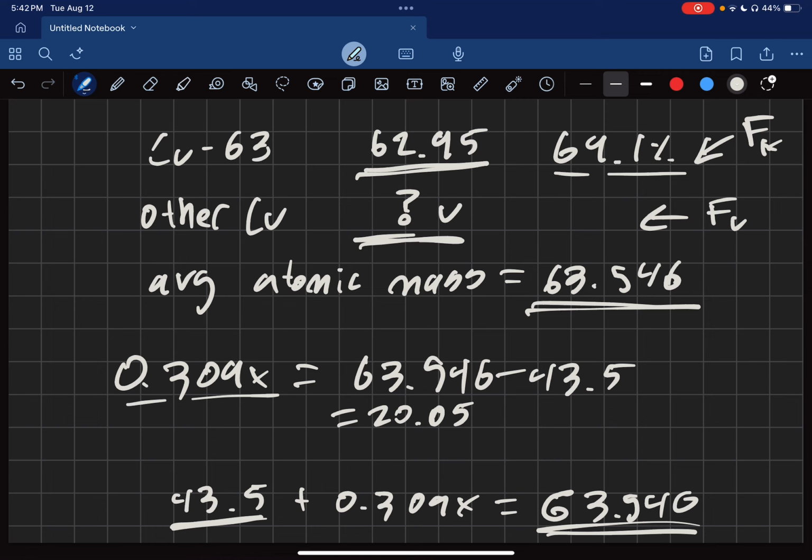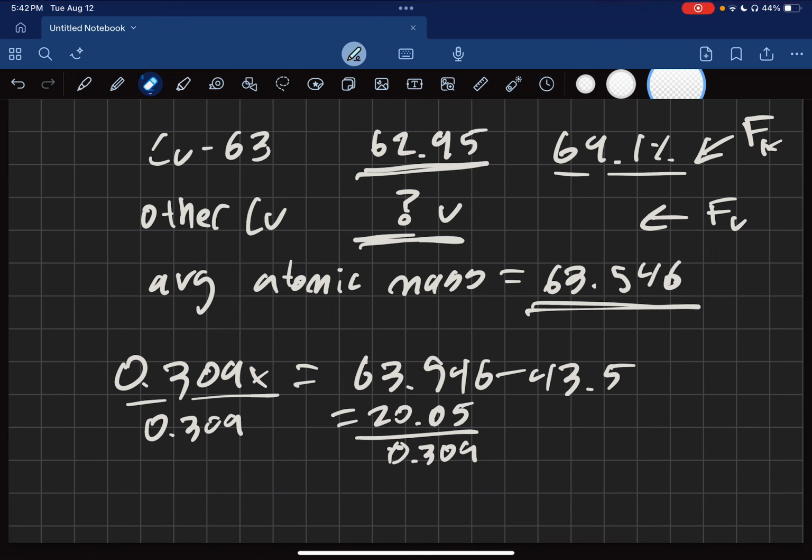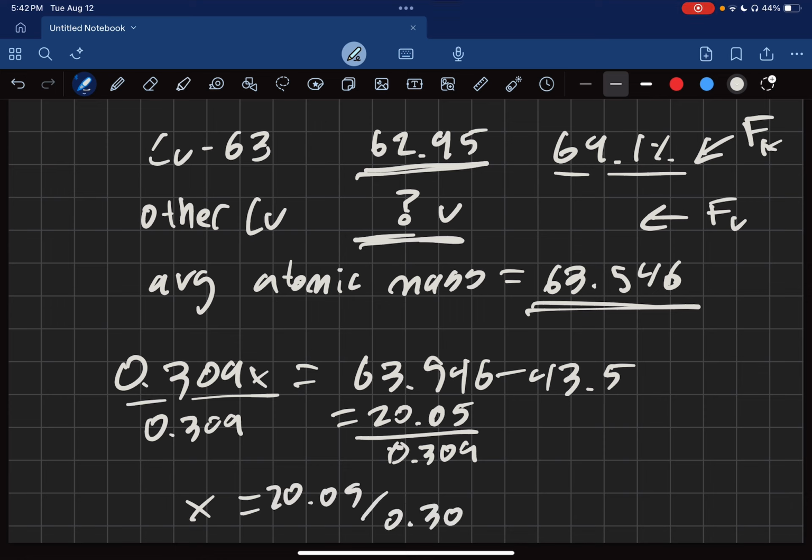Then divide both sides by 0.309, and you'll be left with x equals 20.05 divided by 0.309, which equals 64.9 units.